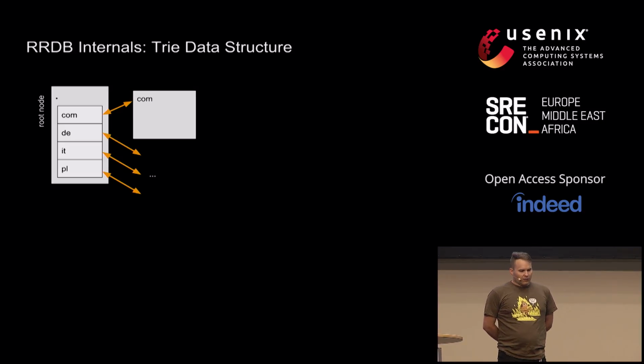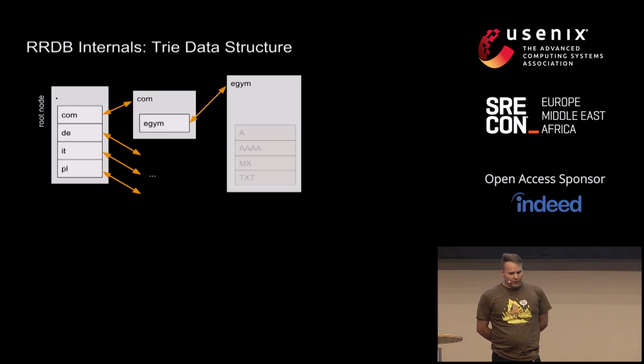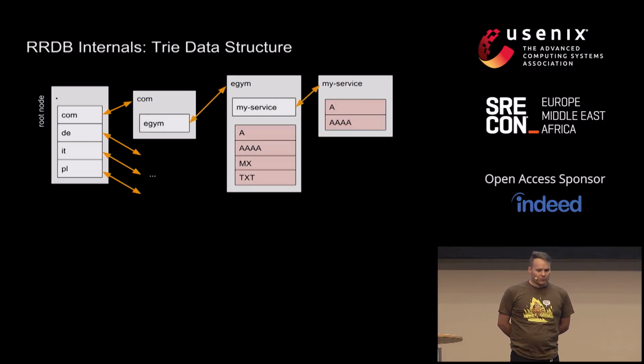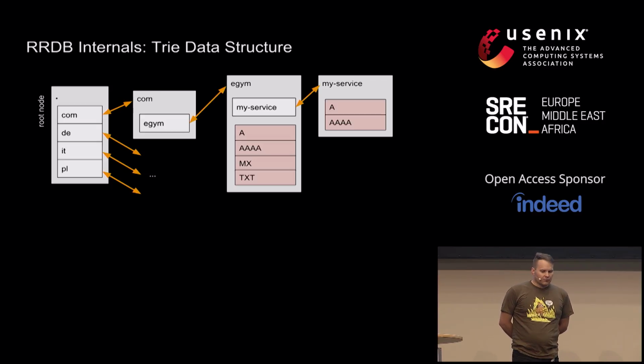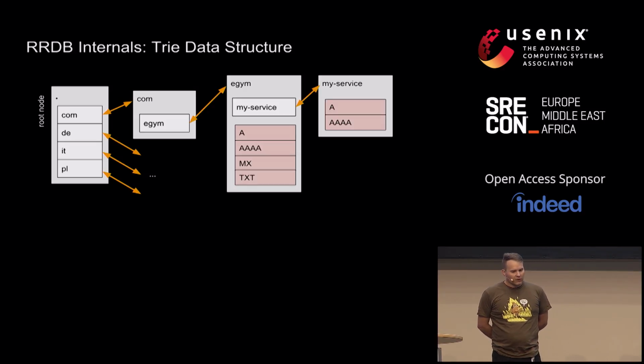We have a .com, the TLD pointing to the com node, and then to the egem node, and then to the my service node, and so on. And at each point in this data structure, we can attach these records, which are resource records, to a node. And thus we can rebuild the whole final data set of all our domains in memory.